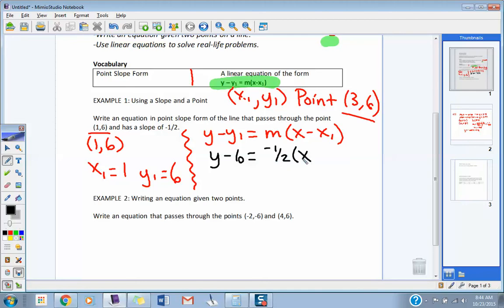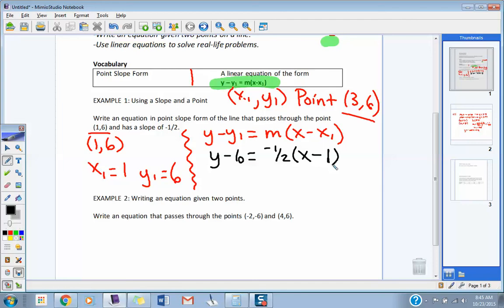And x minus how much? X minus, what's the x1 value? X minus 1. Okay, so I've got stuff filled into the formula already.